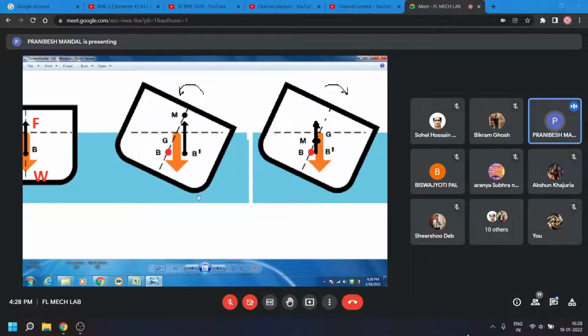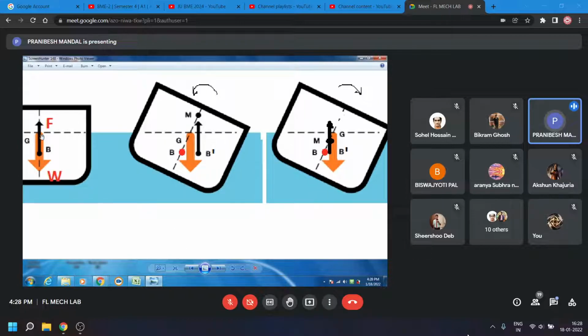Now how to define it? Now we define it as the new line of action of the buoyant force meeting the old line of action of the buoyant force. Old line of action was through the old BG line, yes or no?